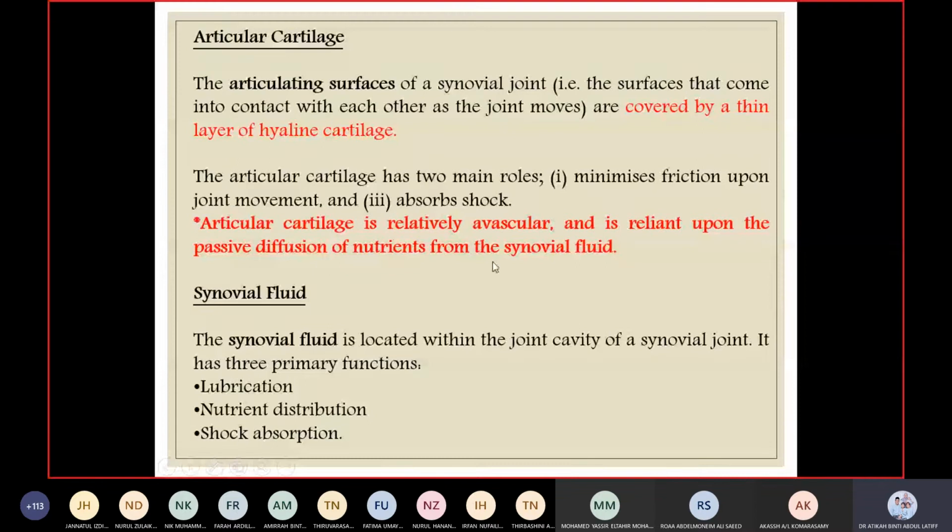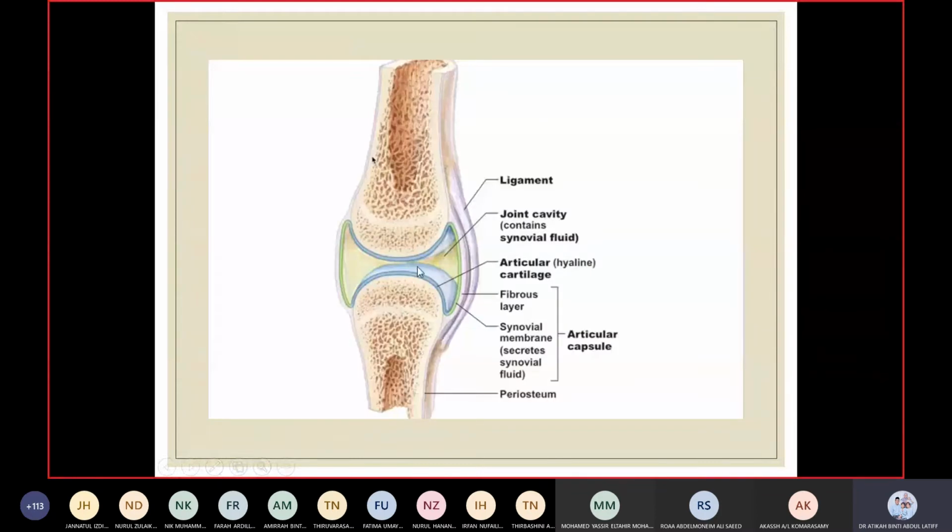So if you see here, this is the cartilage in the middle, so it doesn't have any direct blood supply. So synovial fluid from the articular capsule will help to provide nutrient to this area.